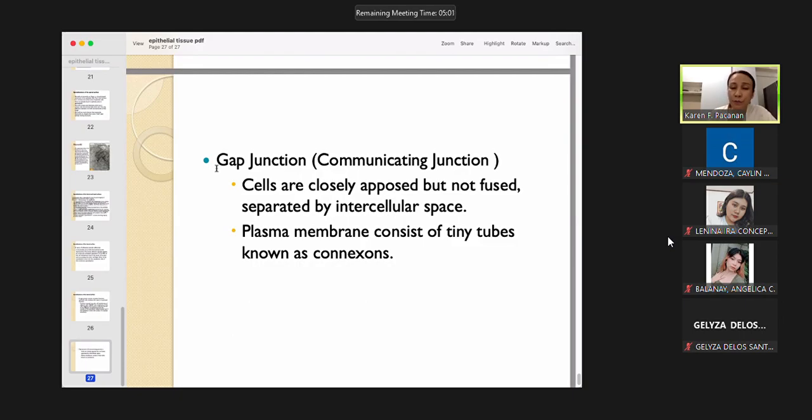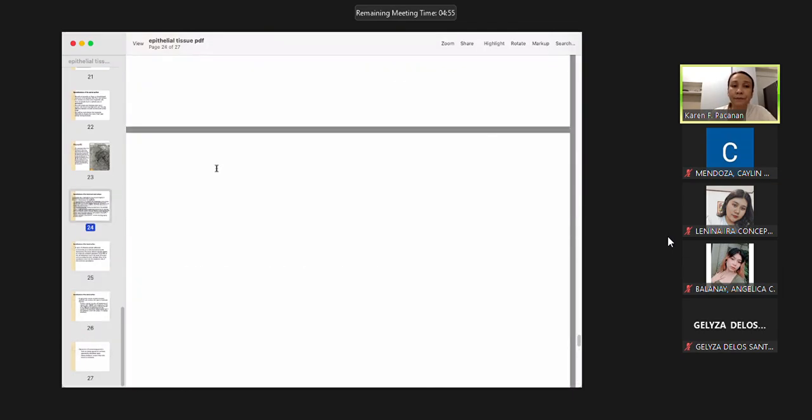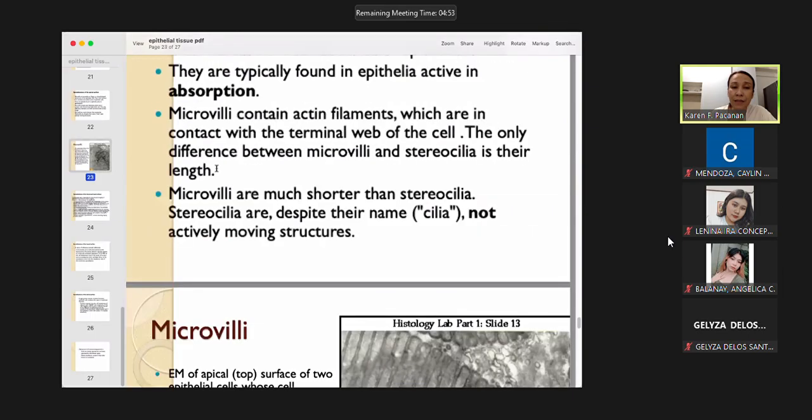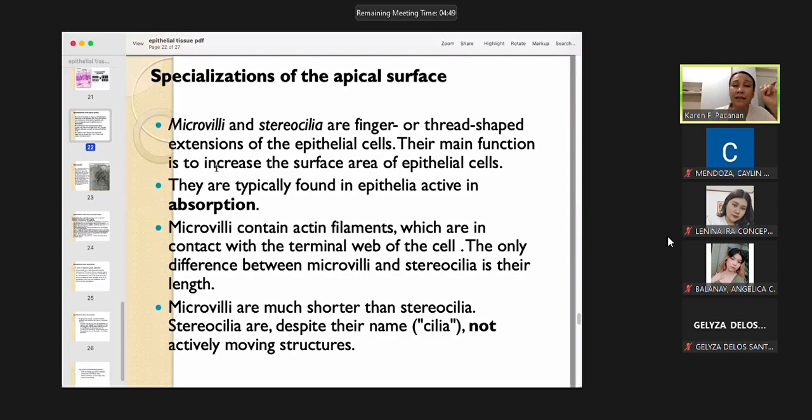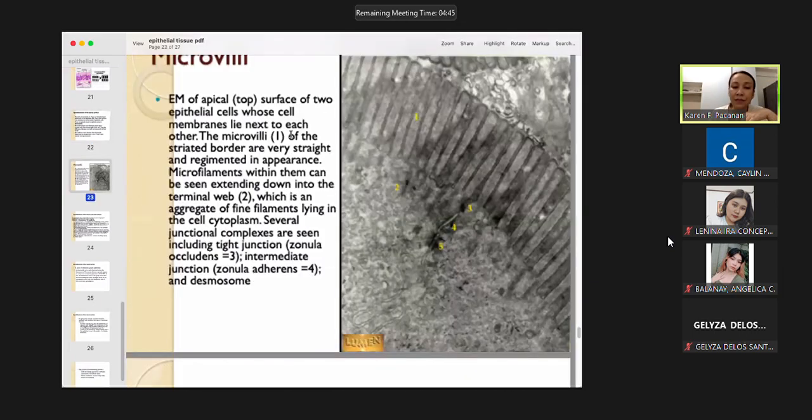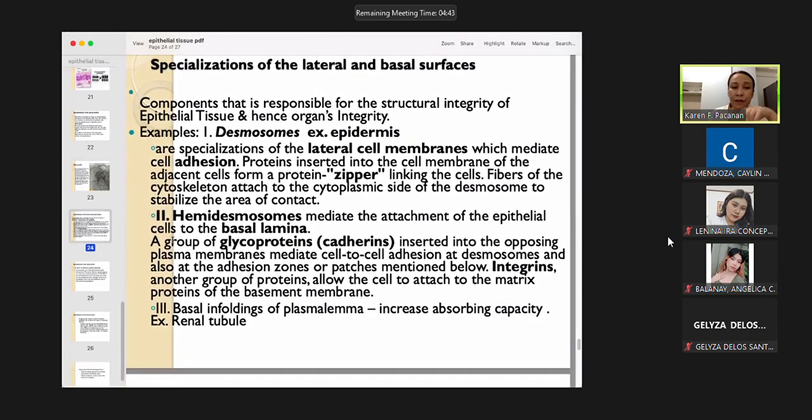Okay, so there would be 4 samples of specializations found laterally. To sum it up, the examples of specializations found at the apical surface are the cilia, microvilli, and stereocilia. Next, those that are found at the basal surface are number 1, hemidesmosomes, and number 2, basal enfoldings of plasmalemma.